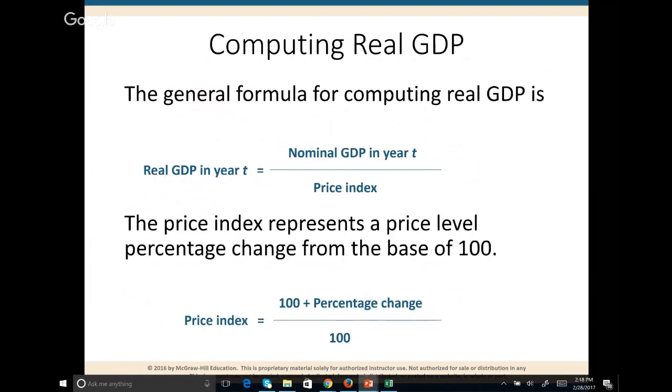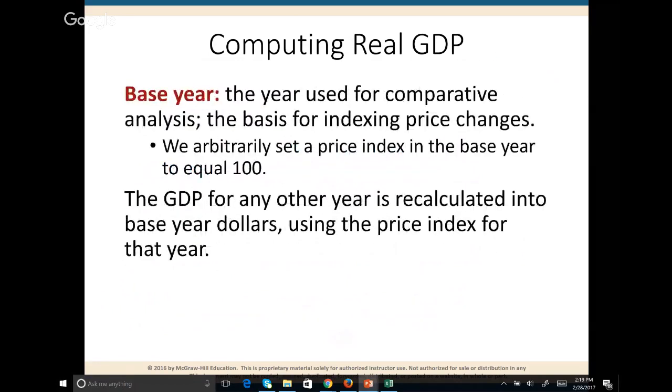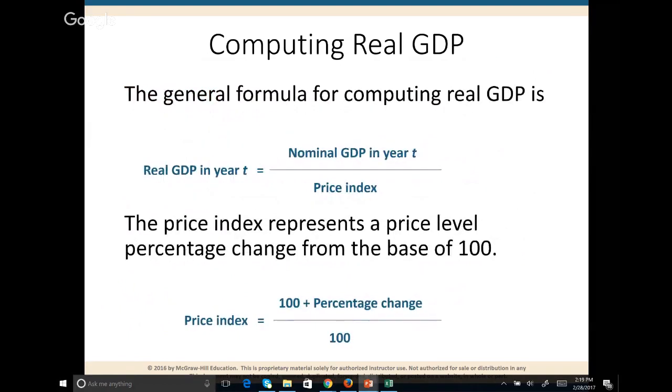All right. So when you're looking for the real GDP, we're going to use our nominal GDP. When you compare real GDP and nominal GDP, you take your nominal GDP divided by the price index, and that will give you your real GDP.